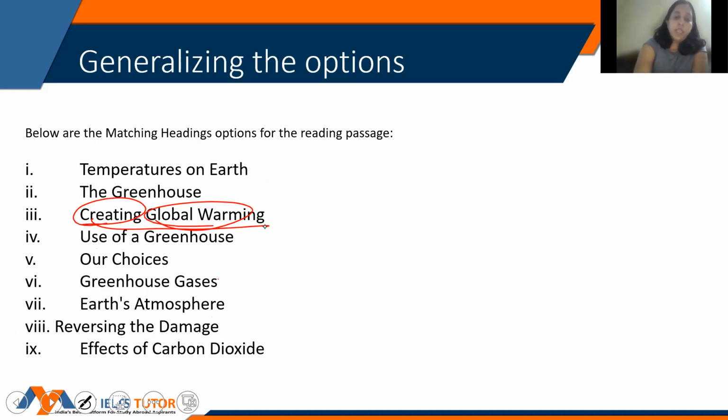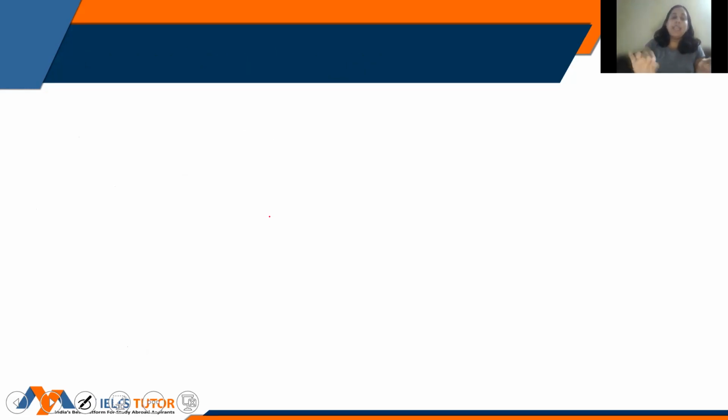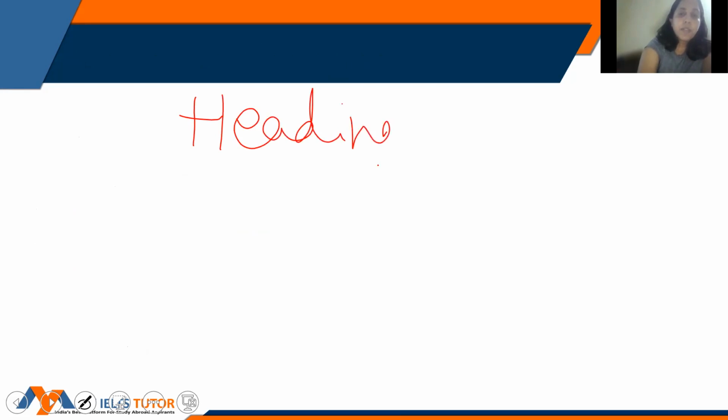Your answer could be something else as well. Right? Maybe your answer is this, our choices. Why? If you're getting a complete set of words in the paragraph, still this is not the answer. Why? Because one thing which we need to keep in mind is that when we are looking for headings, what does a heading mean?